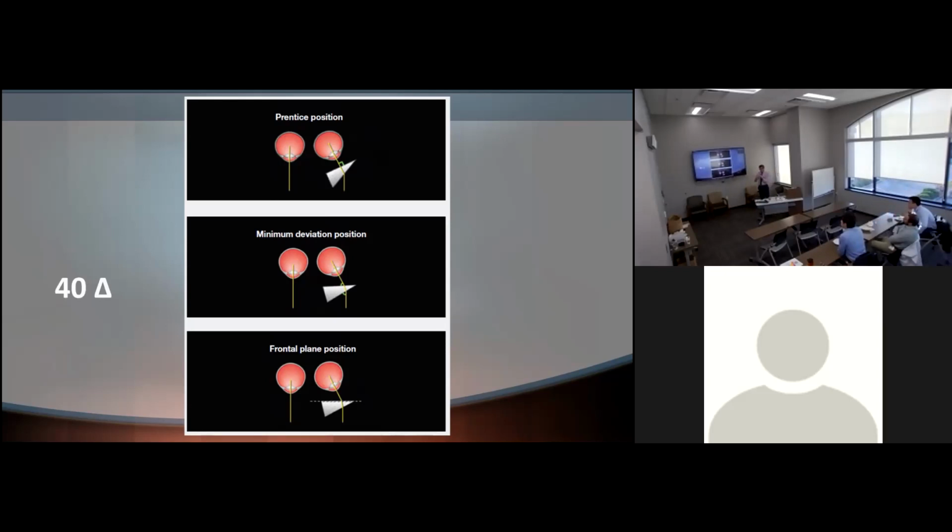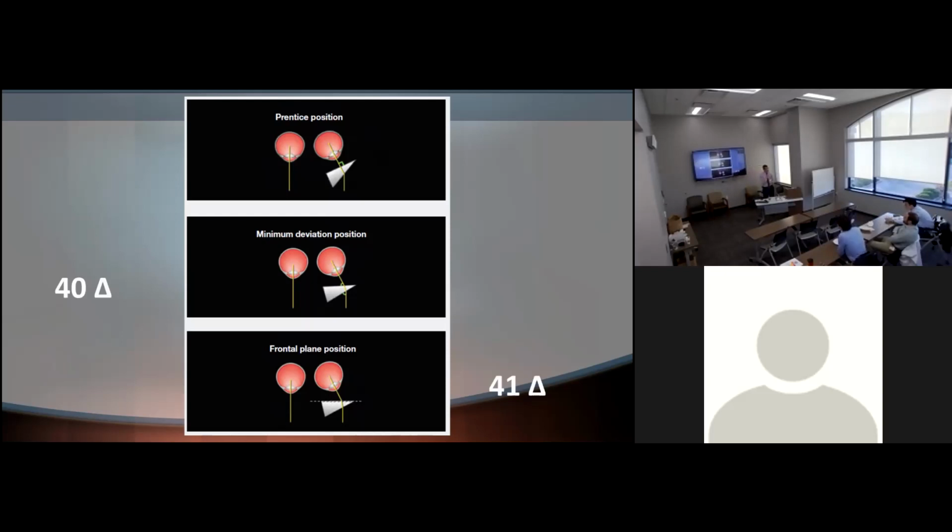Because again, we mentioned that the classic prisms that we have, the loose prisms and the prism bar, are calibrated in the minimum angle of deviation position. But the loose prisms are calibrated in the Prentice position. So again, if we have a 40 prism diopter exotropic patient, and we use the prism bars in the frontal plane position, the actual magnitude is 41, which is negligible difference in clinical life.